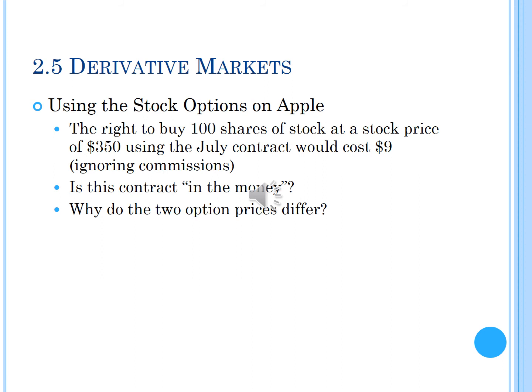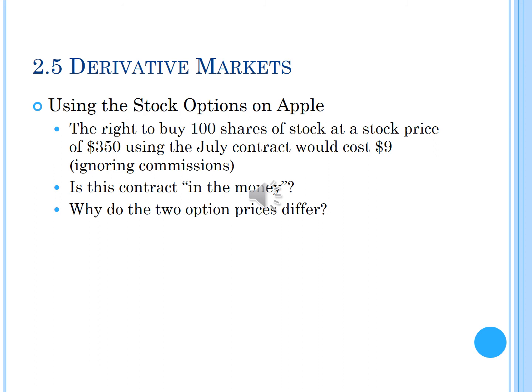Now the slide also puts forward a conceptual question: why do the two option prices differ? Basically, as we discussed, the option price depends on multiple factors: how long you still have until the expiration date, and how big the difference is between the strike price and the current market price of the underlying stock.